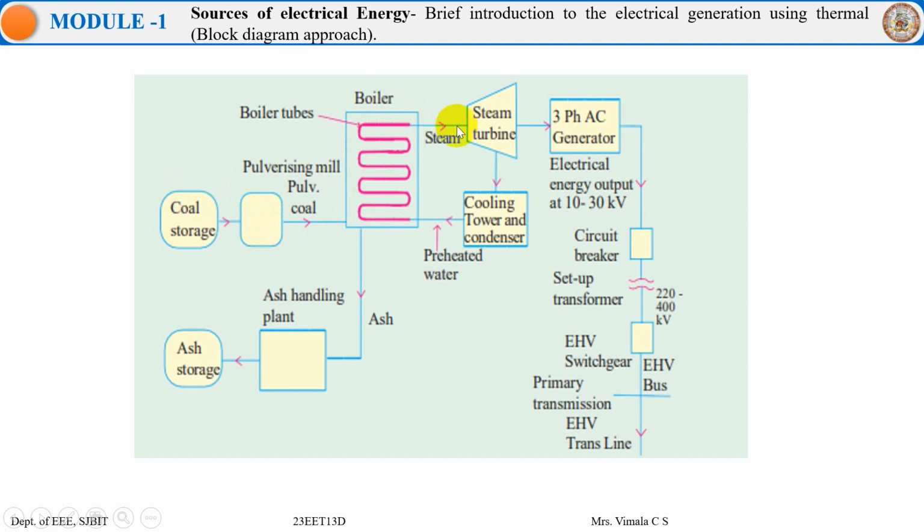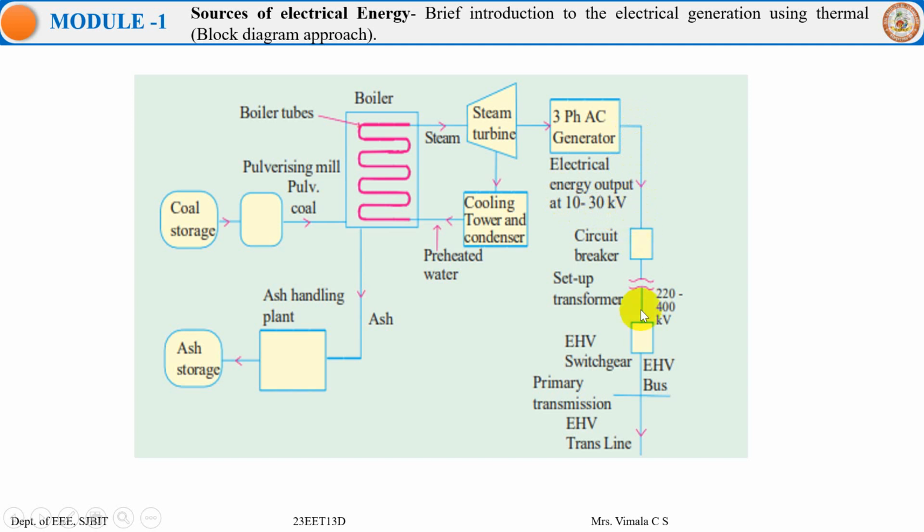This steam is given as an input to the steam turbine, where the turbine blades rotate at a particular speed. Remember, the steam has to maintain a particular pressure, and then the steam turbine rotates, where the shaft of the steam turbine is connected to the rotor shaft of the generator, which makes the generator rotate and thus produce an electrical output of 10 to 30 kV.